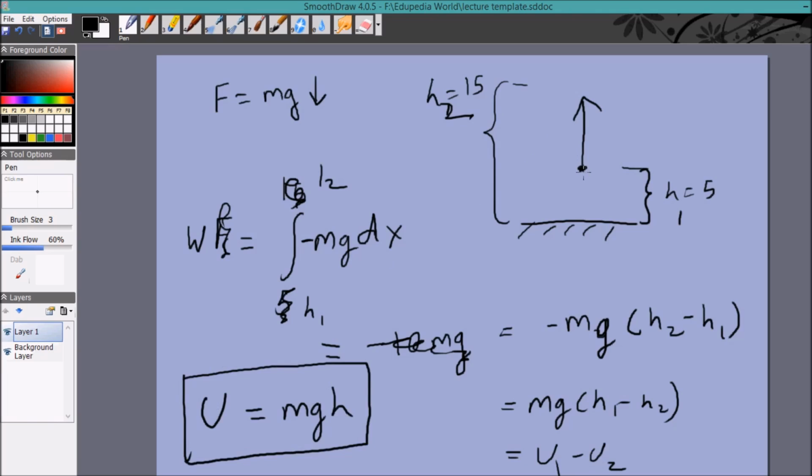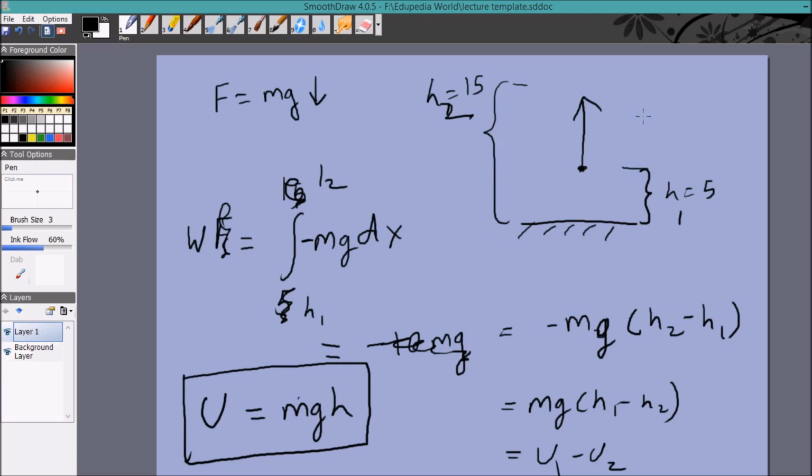And we know if we take this object upwards and then we bring it down, the net work done by gravity will be 0. So gravity is a conservative force, and the potential energy is mgh. Also, we could take any potential energy to be 0. Since mg is constant in this case, it is proportional to height. So we could take this h equal to 5 and this h equal to 15.